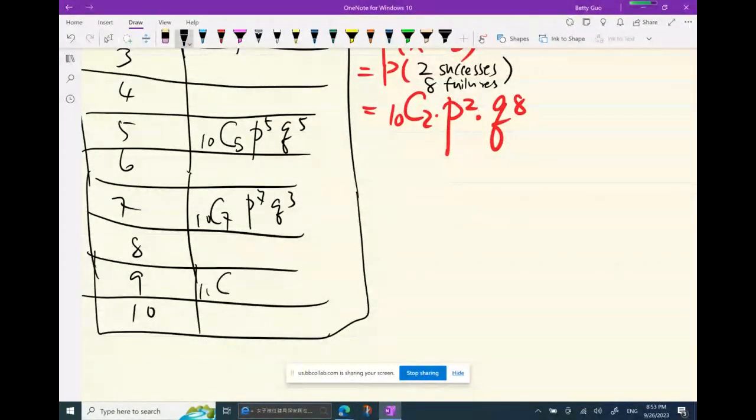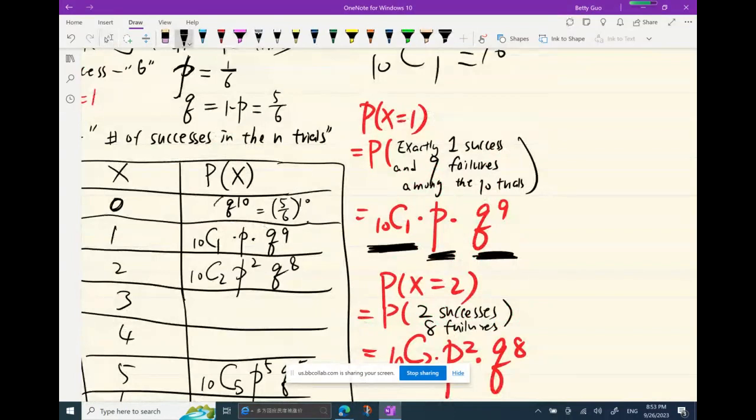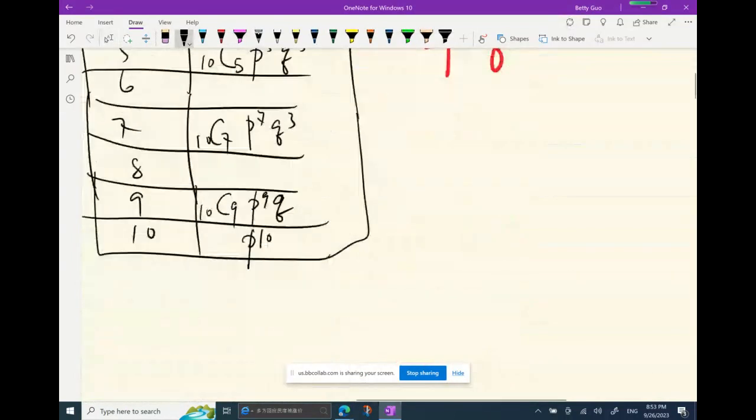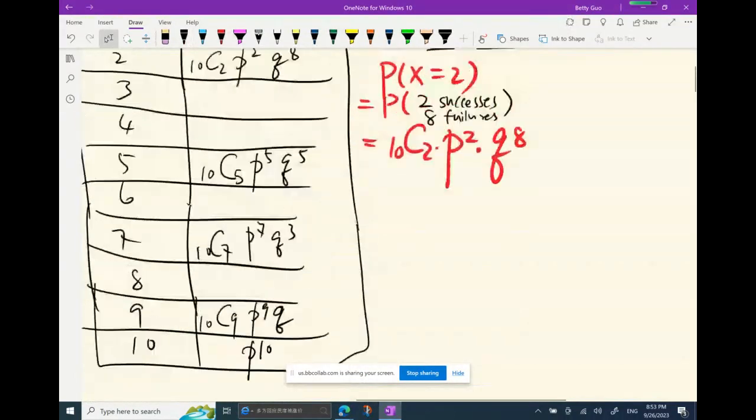And this one should be C10-9, 9 successes, 1 failure. And this one would be C10-10. Actually, we don't need C10-10, since it's just 1. So we have 10 successes, my bad, so we have P to the power 10.